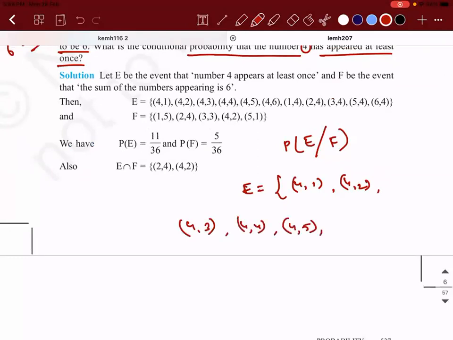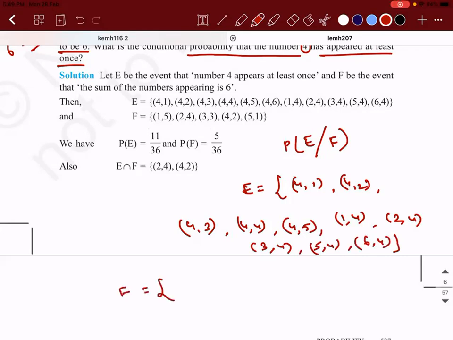Similarly, I can start with 1,4; 2,4; 3,4; 44 is not there again; 5,4 and 6,4. So this is E.